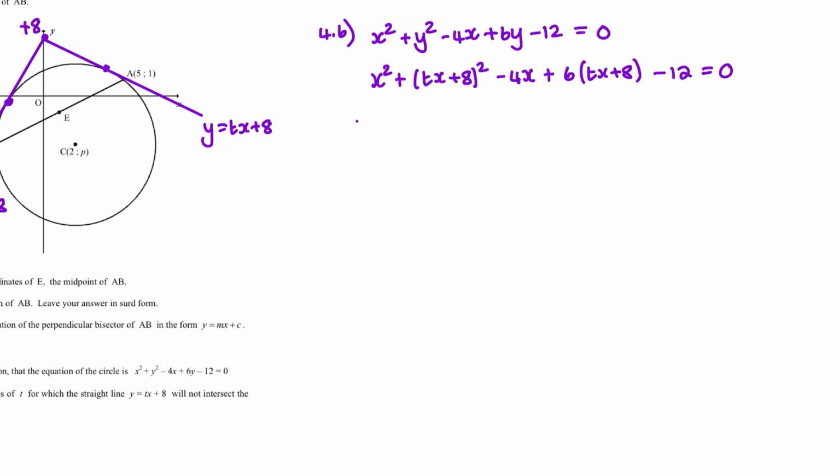So we have x squared plus t squared times x squared plus 16tx plus 64. So these three terms are me multiplying out tx plus 8 squared, minus 4x plus 6tx plus 48 minus 12 equal to 0.